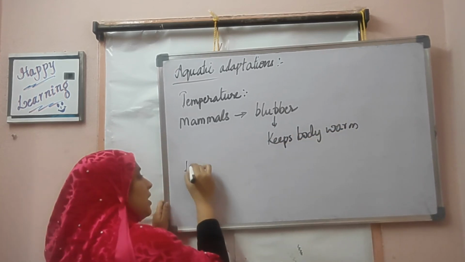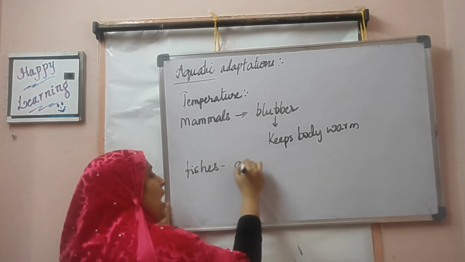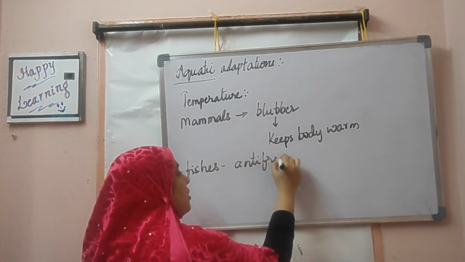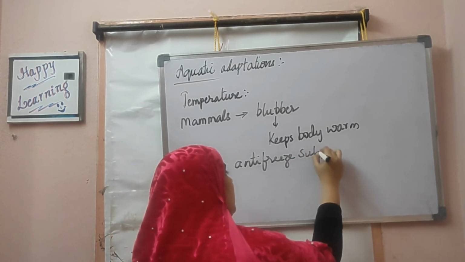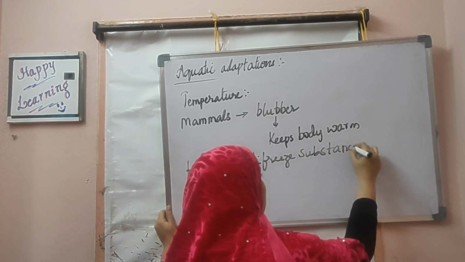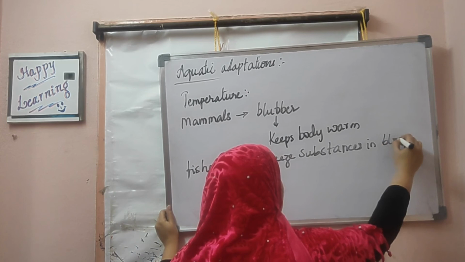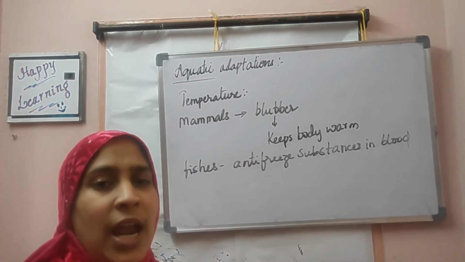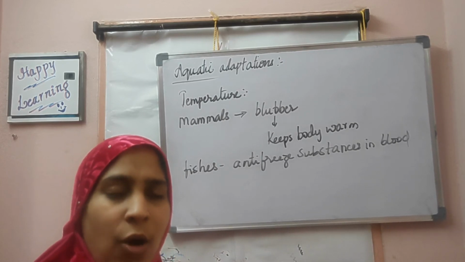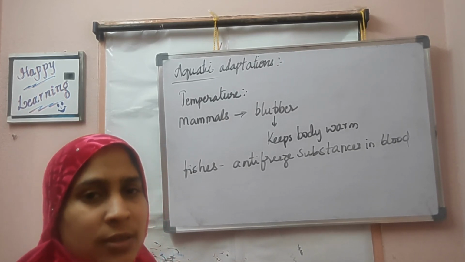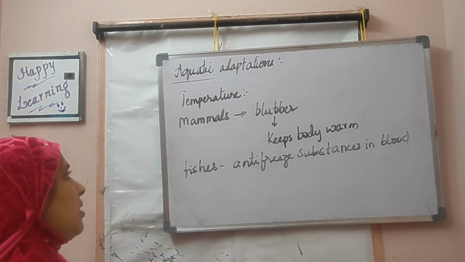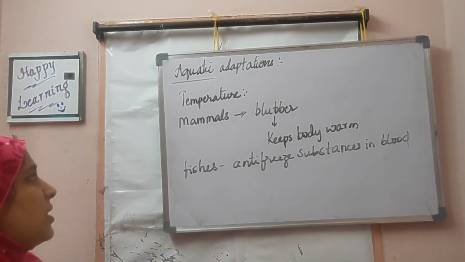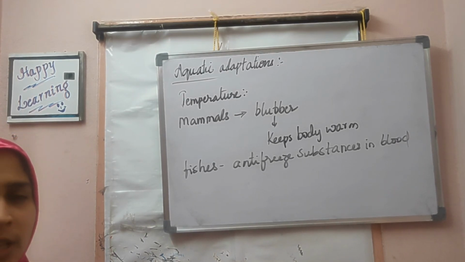Second, fishes that live in deep layers have antifreeze substances in their blood. These antifreeze substances keep the fish warm and do not allow the blood of these fishes to freeze. Okay. So these are the temperature adaptations that are seen in aquatic organisms.